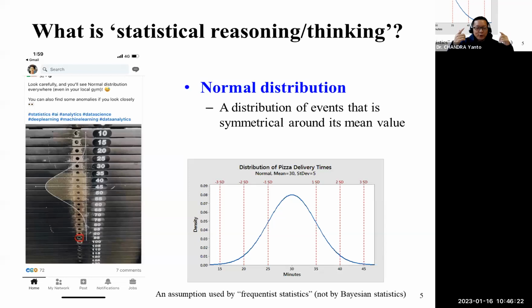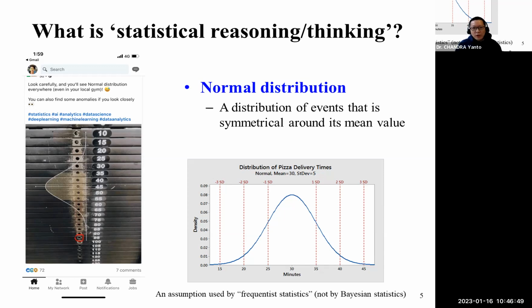Or people's IQ, same. There is an average around this middle part, where the mean value is. If you have IQ 200, you might be one of the very few. If you have IQ 250, you might also be one of the very few, so you are near the tail. Or if your IQ is very low, like 10 or 20, you might be on this end of the tail.